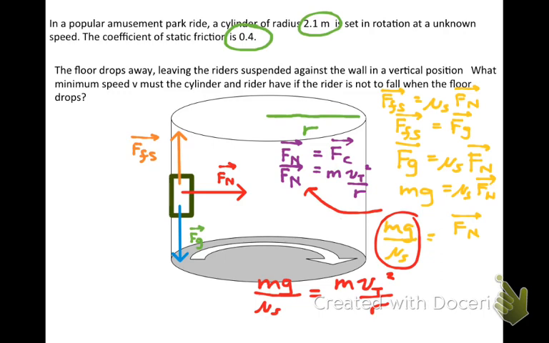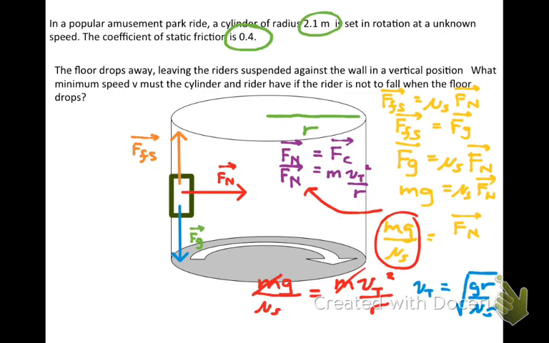All right, so we need to figure out what is the speed necessary to keep the person in the ride. Well, we can just drop mass here, and if we isolate the tangential speed, let's see what we get here. The tangential speed equals gravity times the radius of the ride divided by the coefficient of static friction, and of course square root.